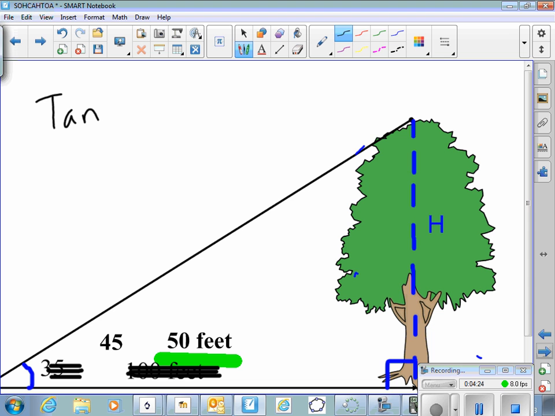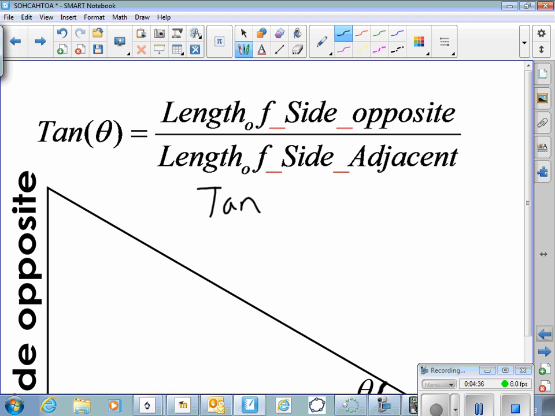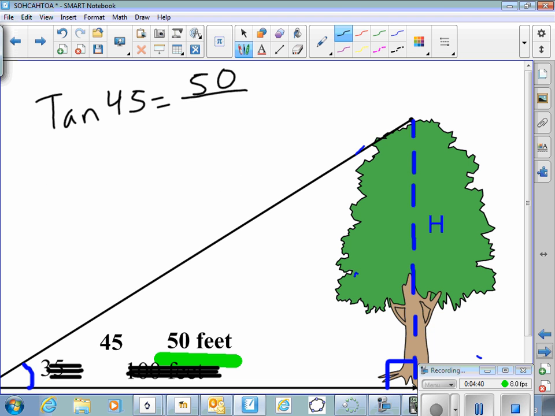So the tangent of 45 degrees is equal to the length of the side opposite over adjacent. Opposite is the one we don't know, the height of the tree, and the adjacent is the 50. So this turns out to be a one-step problem if I use tangent.